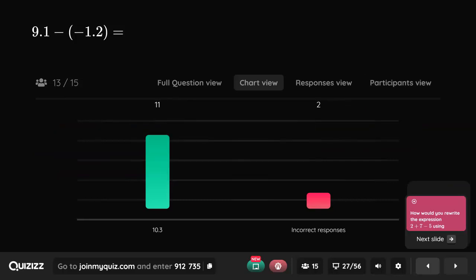Good. So change it to addition, make this positive, then we just have 9.1 plus 1.2 to get our 10.3.